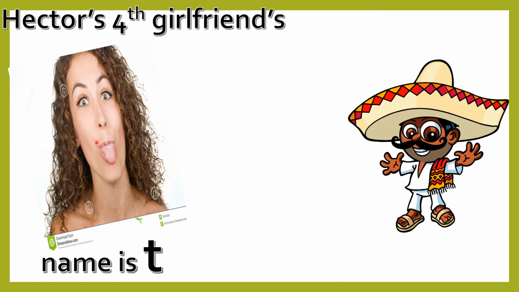Oh, but she has her tongue sticking out. And every time T sees H, Hector, every time she sticks out her tongue at him because she's mad. She found out he has 3 other girlfriends.